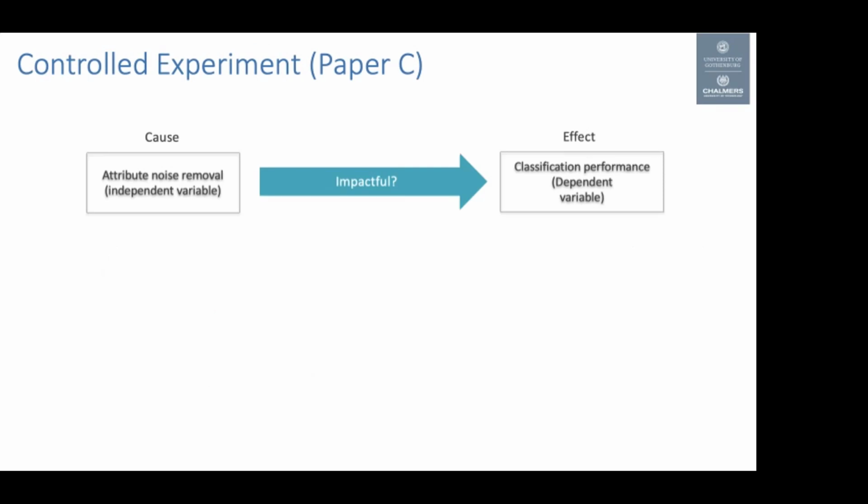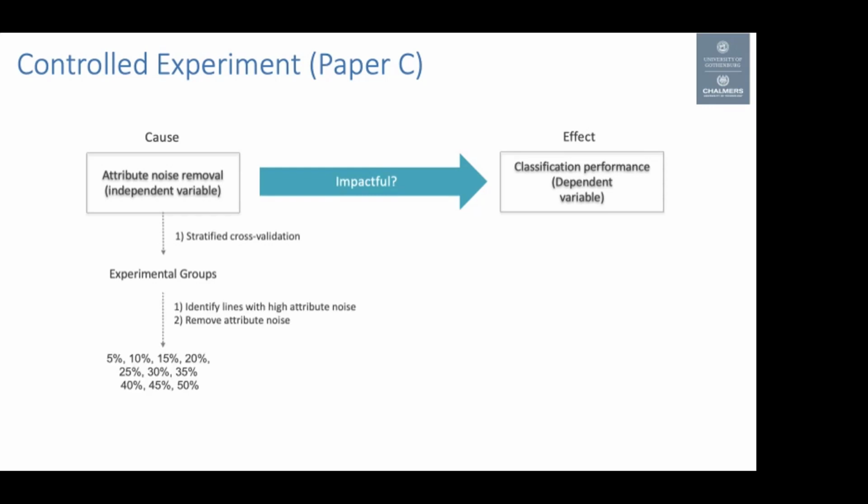And for the second fold of this study, which was to examine the effect of attribute noise on the predictive performance of the model in MeBoTS, we conducted a control experiment using the same data set from the first study. We started the experiments by generating experimental subjects using stratified cross-validation. Then we used an existing algorithm from the literature called PANDA, which helps us identify lines with the highest attribute noise values.